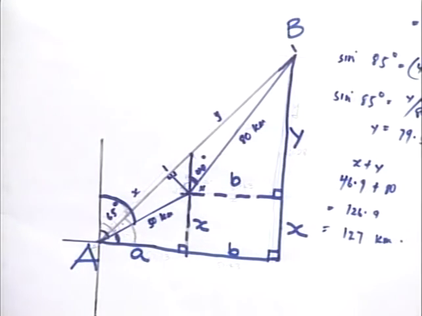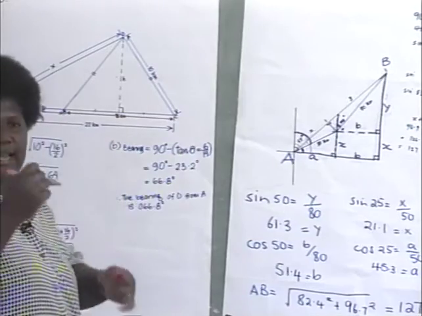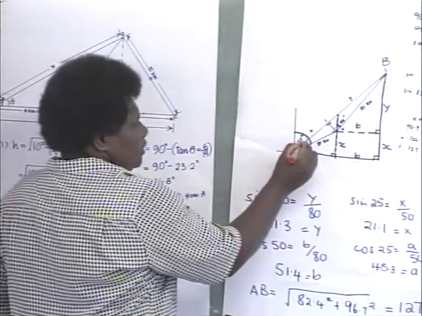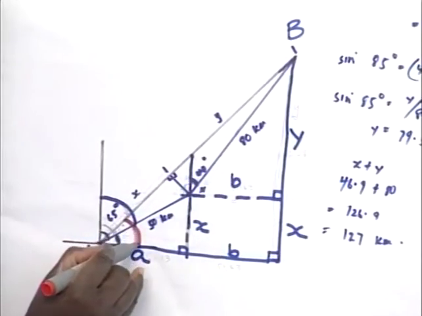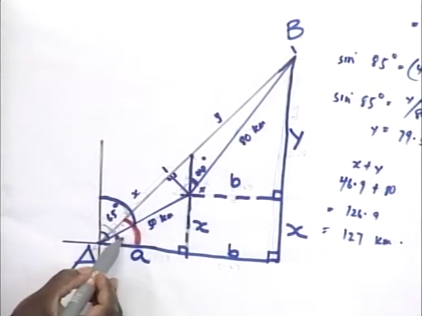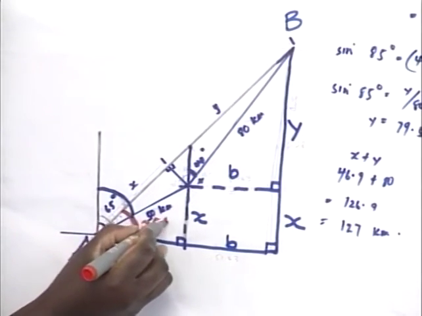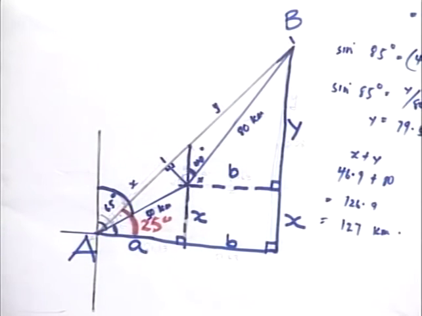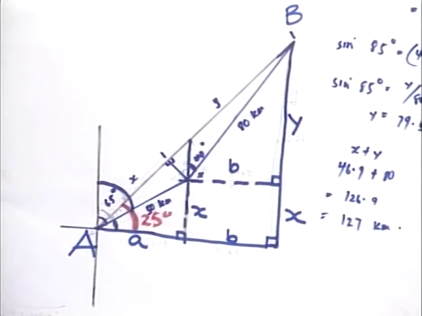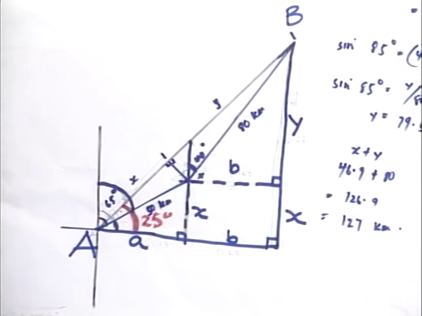bearing. But I cannot do that unless I know this angle. Okay, this one is 25 degrees because the blue one here is 65. If I, sorry, wrong.